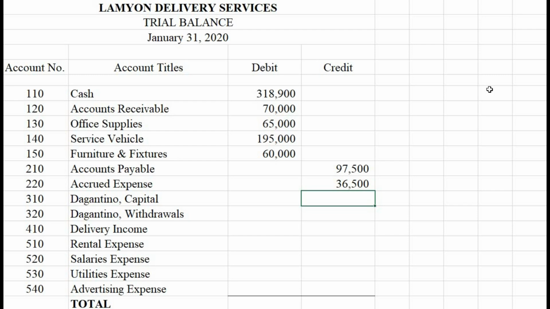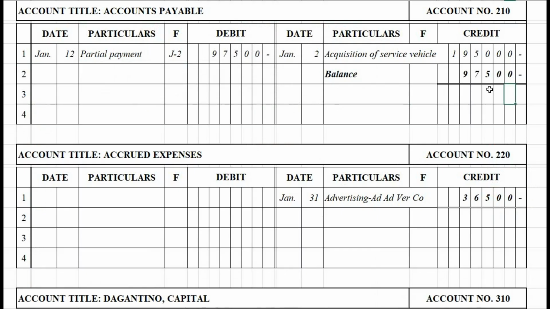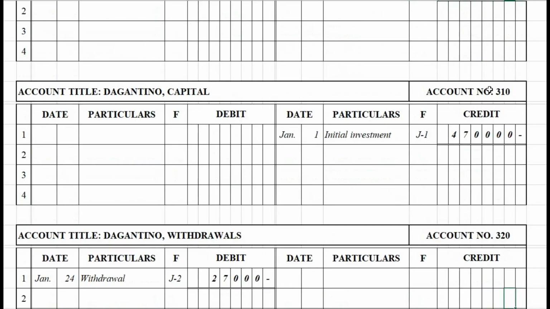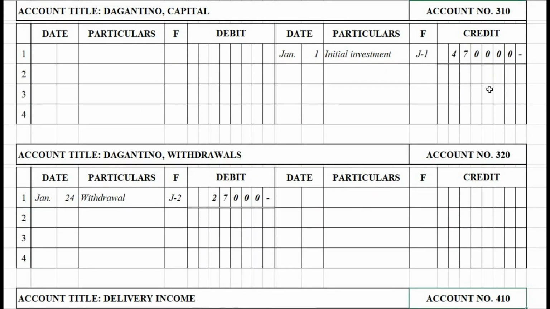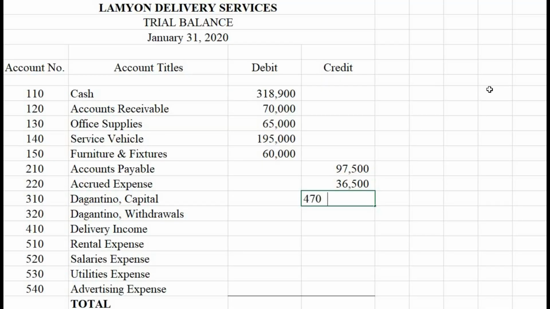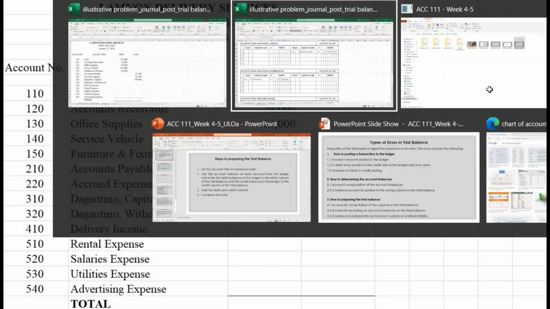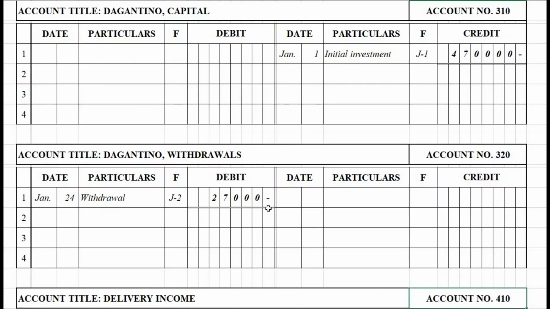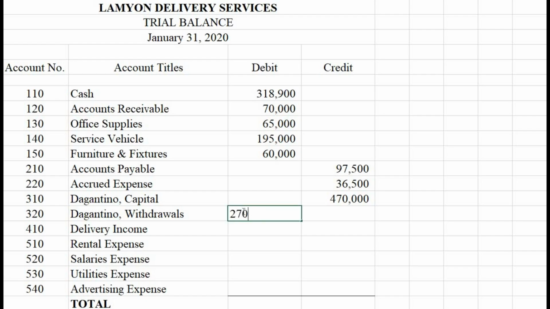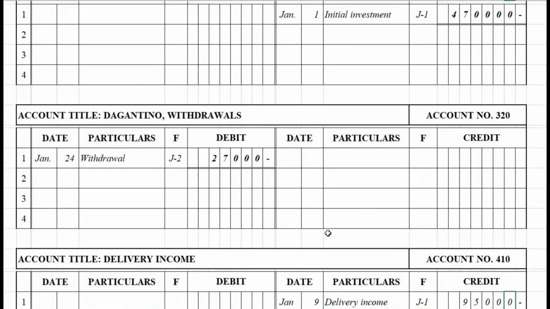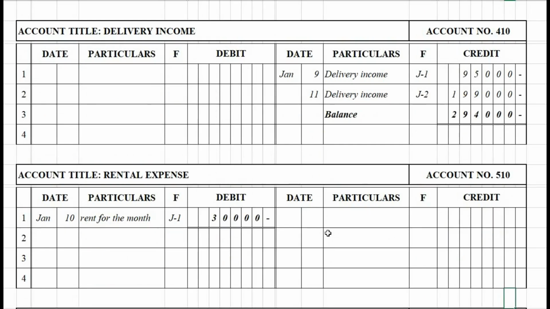Then Agantino capital, let's check the ledger. Its balance is 470,000, so still credit. Then we have withdrawals of 27,000. Take note, this is debit. Then your delivery income, how much is it? Let's go to the general ledger. That's a total of 294,000.